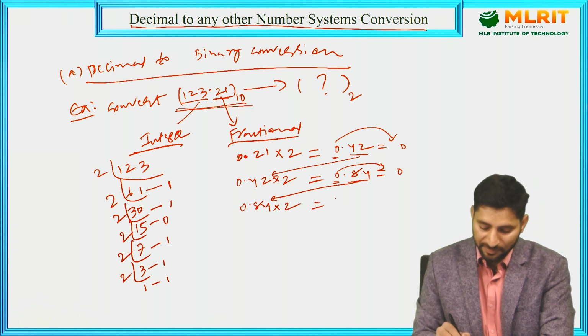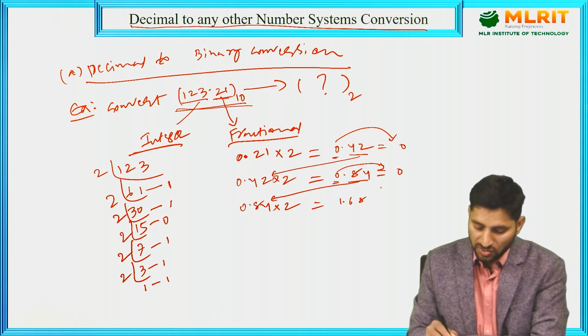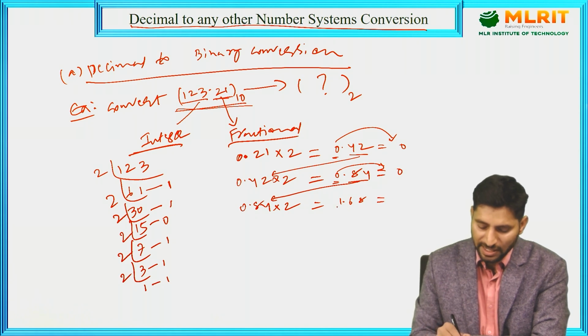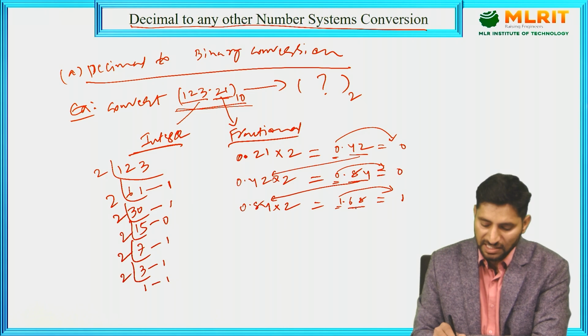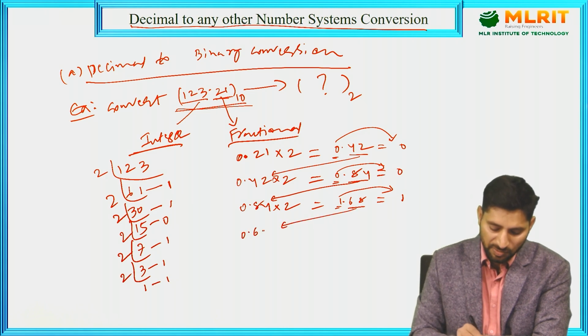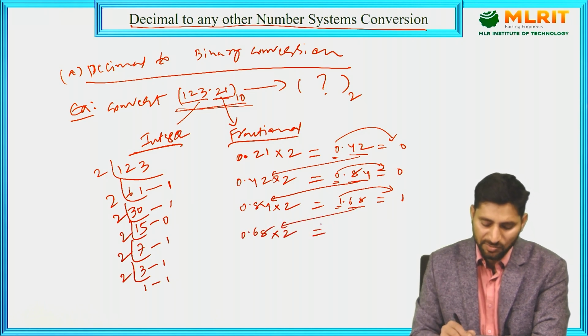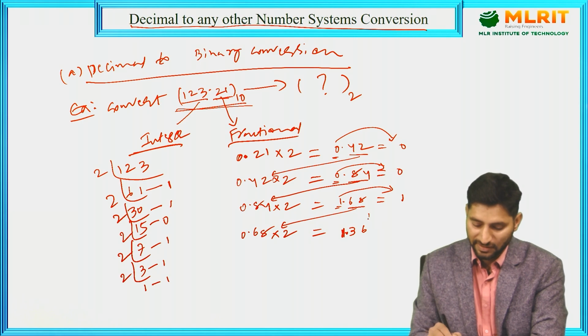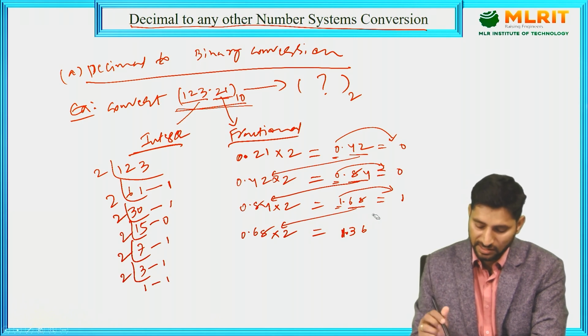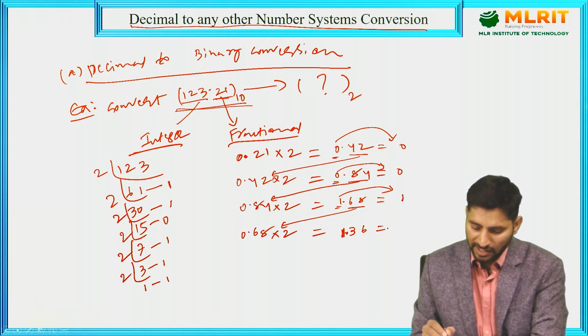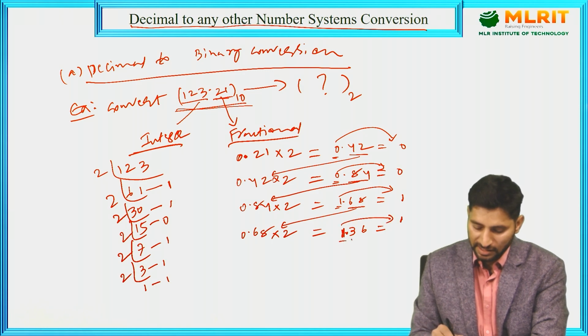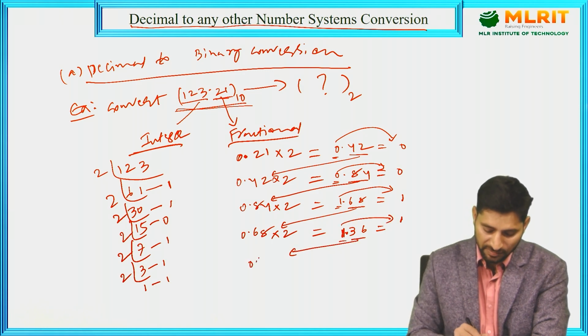Again multiply: 2 times 4 is 8, 2 times 8 is 16, so I got 1.68. Copy this integer part here and take the fractional part 0.68 times 2. Again multiply, and I got 1.36. Again take this integer part here and the fractional part again.